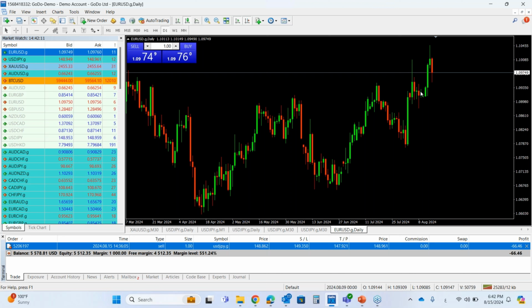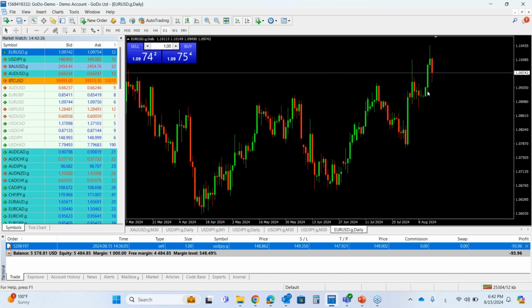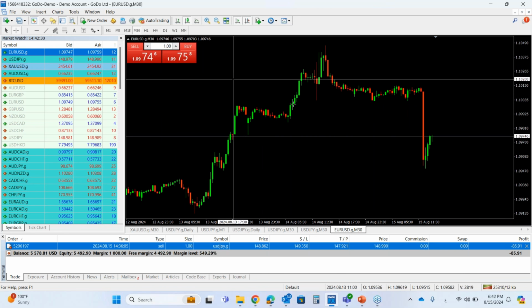So this is an uptrend. I would buy, not sell this market. Not like gold, I wouldn't sell this market. I would buy it. And for a very short term, I would go like here.